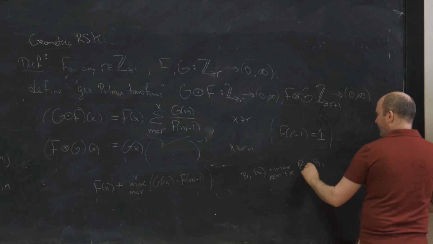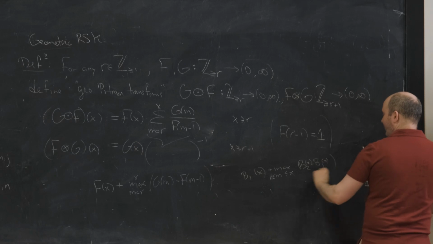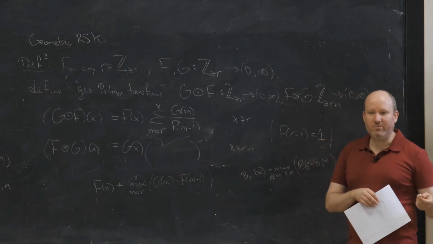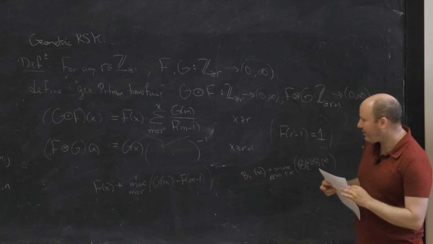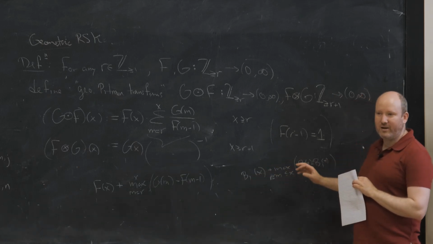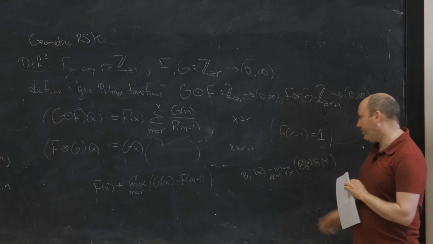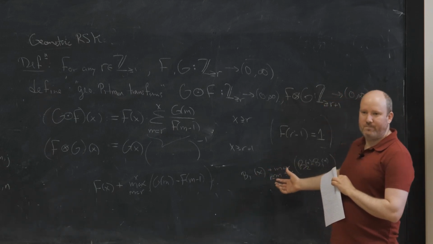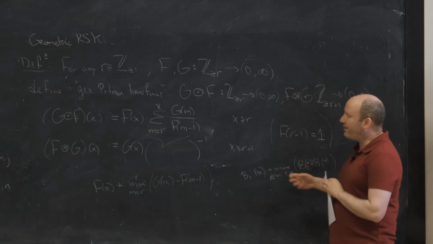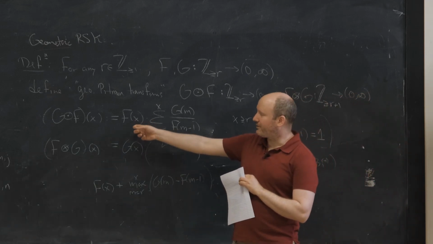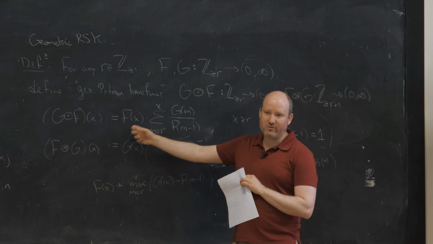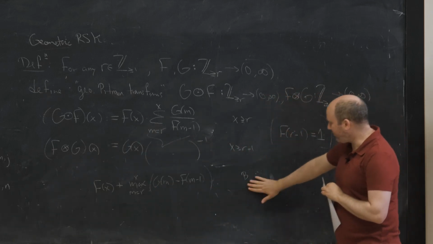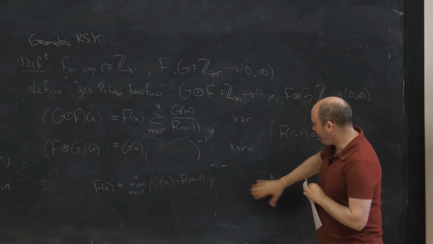This is the type of object that comes in when you study things like reflected Brownian motions, or Brownian motions reflected around their running maximum. These types of path transformations are very popular in studying Brownian motion, and Marc Yor had studied them. So this is a positive temperature or geometric version of these transformations that come up a lot in the study of path transformations of Brownian motion and other types of objects.